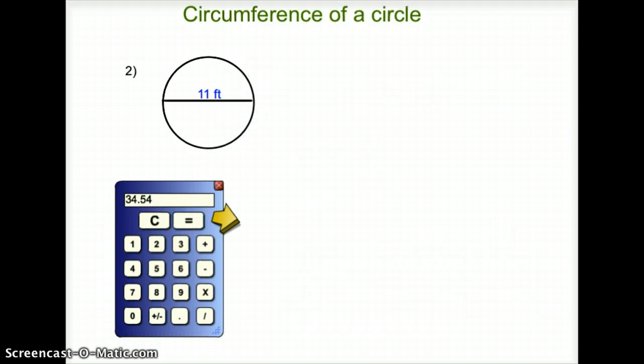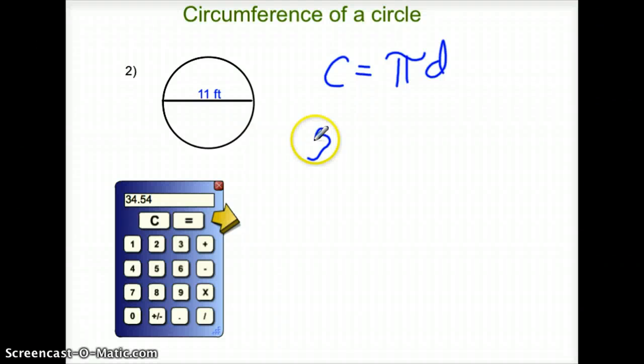Number 2, write this one on your paper. Draw the circle, label it. Again, to get the circumference, we do pi times diameter. In this case, I know what the diameter is. It's 11 feet. So right away, I can just do 3.14 times 11.